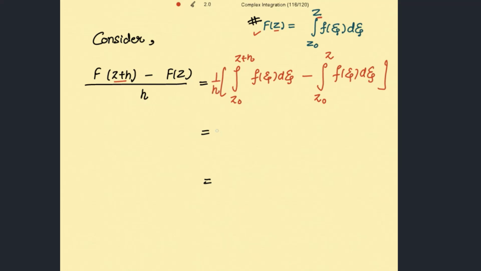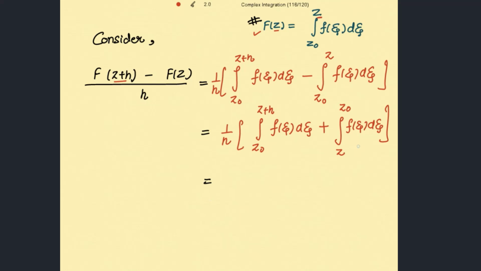So this is further equal to 1 over h times the integral from z0 to z plus h of f(ξ) dξ minus the integral from z0 to z; if I interchange these limits from z to z0, then this integral becomes negative, and then I manage this negative as positive.